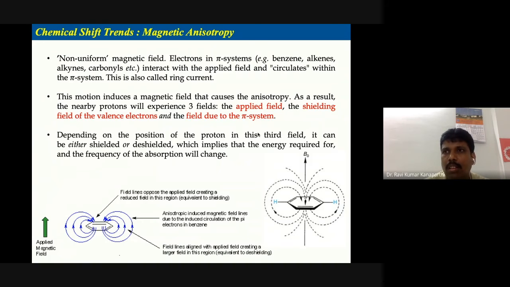Because the more electronegative sp2 carbon proton is at 5.25, so for a slightly more electronegative sp hybridized carbon we expect a little more de-shielding. But what is observed in reality is that the proton attached to the sp carbon is at 1.8.